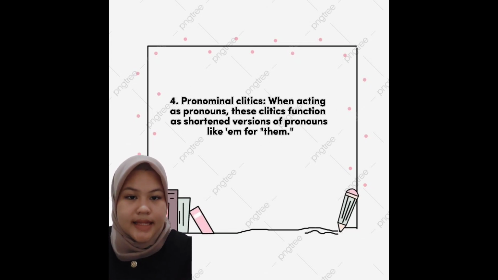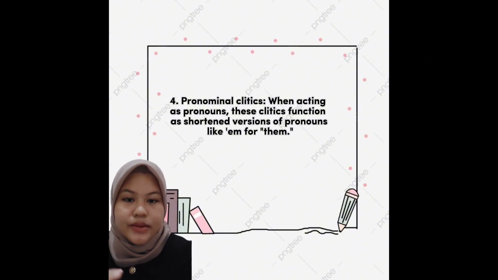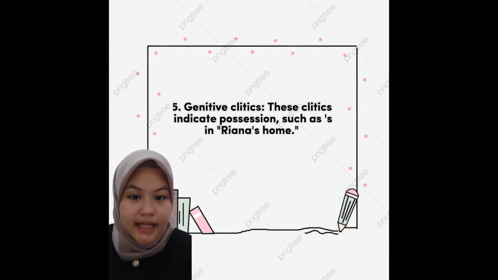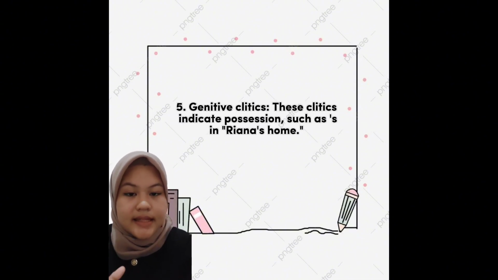When acting as pronouns, these clitics function as shortened versions of pronouns, like 'em for them. Okay, five, genitive clitics. These clitics indicate possession, such as 's in examples like Rihanna's home.